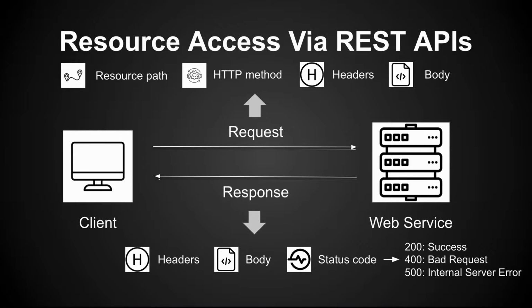The client can access the resource via the REST API provided by a web service by sending requests. The request typically contains resource path, HTTP method, headers, and body. The response is made of headers, body, and status code.